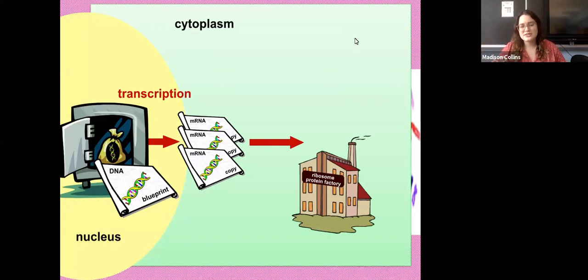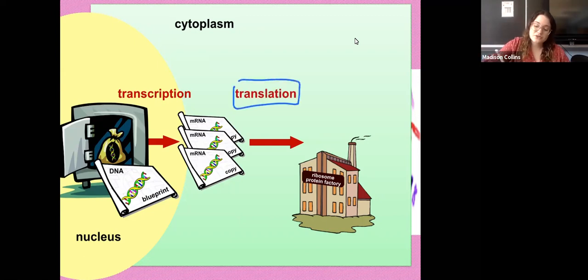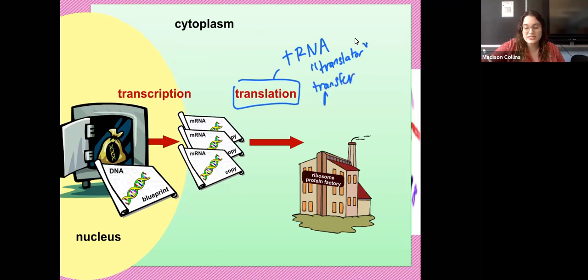But we're still dealing with a few different languages here. We've got the language of mRNA and we've got the language of amino acids. So we then have to bring in another helper in order to undergo translation. This is where tRNA is going to come in and help. So you can kind of think of this as the translator. Okay, this is transfer RNA because it's going to transfer the amino acids.